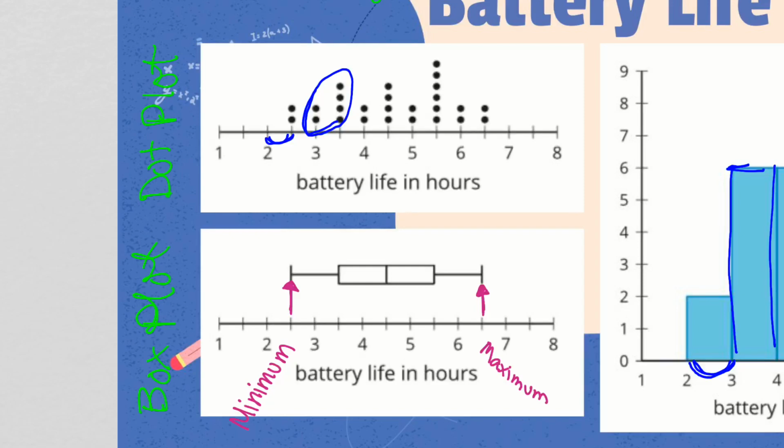And in some of my classes, I had you guys look and see that this is at 2.5. And this up here on the dot plot is at 2.5. The maximum is at 6.5. And on the dot plot, this one is at 6.5. So you can see that those kind of correspond together. So we have our minimum and we have our maximum.